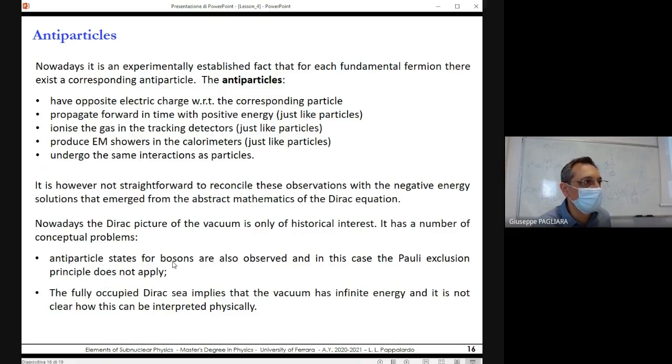So the Dirac theory cannot explain the existence of anti-bosons. And also, we have a fully occupied negative energy vacuum, and this, of course, corresponds to an infinite energy, which you cannot explain physically. So the idea was good, it was endorsed by experiment, but here we also have some problems.